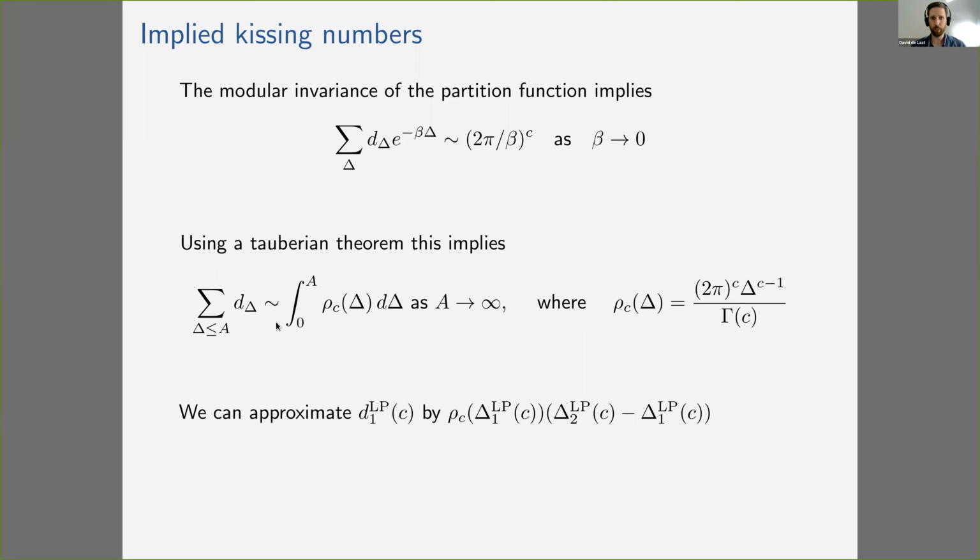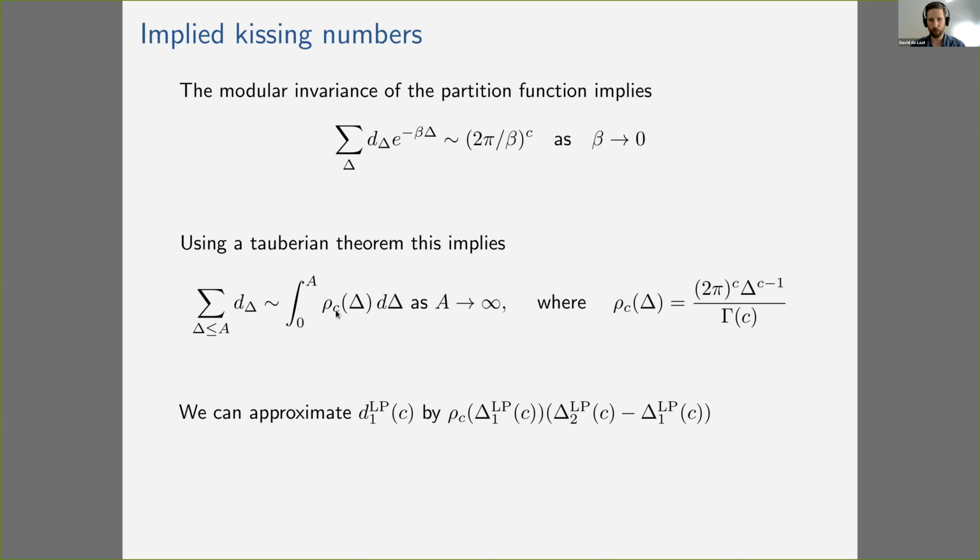And using this expression here, we can say something about, and I haven't used this notation before, but think of optimizing the linear programming bound. That gives you the scaling dimensions and the degeneracies. And this D1 LP is the first degeneracy.